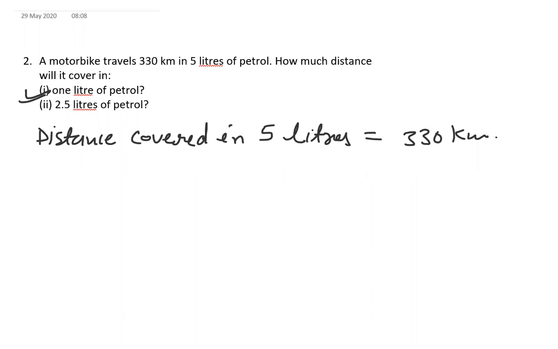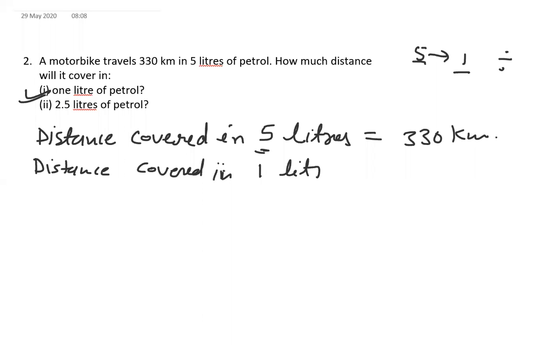So you are going from many to one. Okay, you are going from 5 liters to 1 liter. I have told you, if you are going from many to one, you have to divide. So distance covered in 1 liter of petrol is equal to 330 divided by 5.